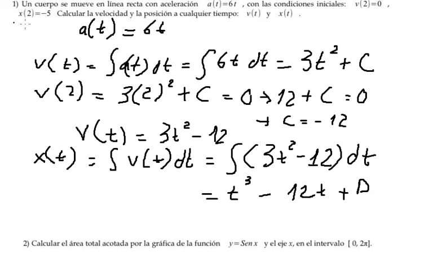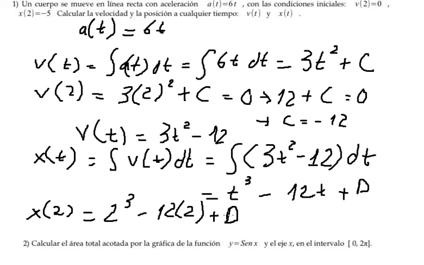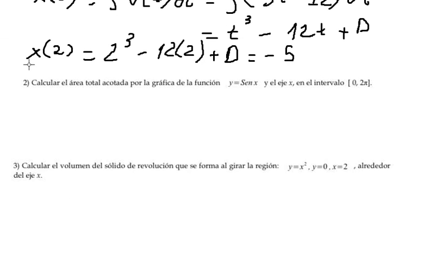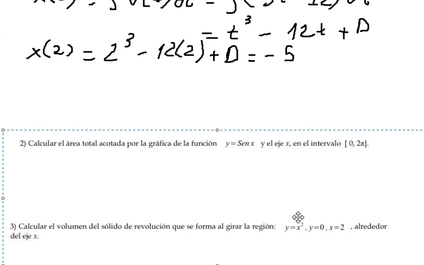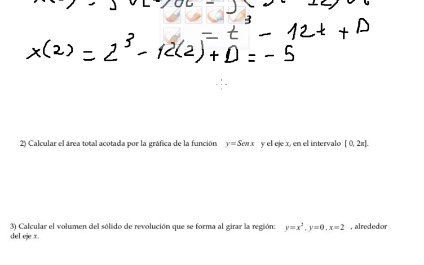So we have the given conditions in here. We put number 2 in here, and this one equals to negative 5. So we can find the value of d.